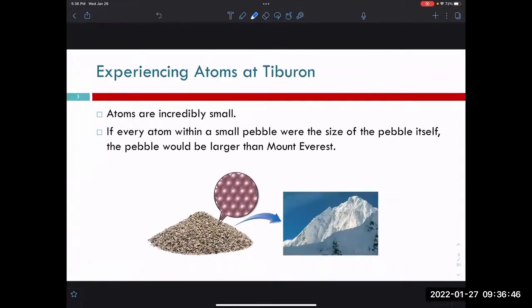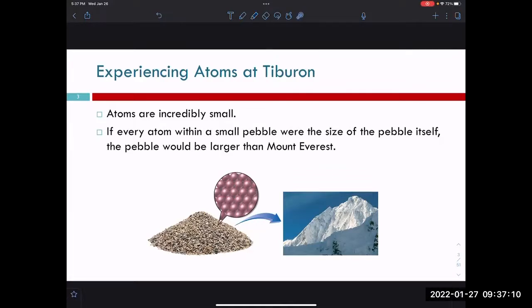Atoms are incredibly small. It's really hard to conceptualize how small they are. You need a very special scanning tunneling microscope or scanning electron microscope, or sorry, scanning tunneling electron microscope, to be able to see a single atom.